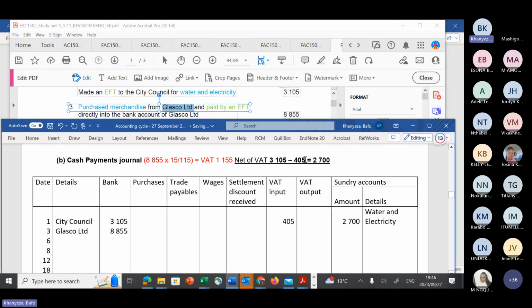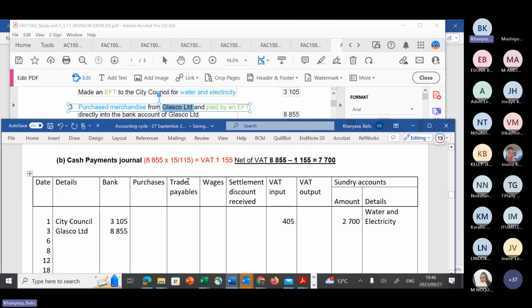And then this VAT, we're going to minus it, 1155. So how much is this amount? It's 8855. So if you have this 8855, I think it's going to be 7,700, the net of VAT.